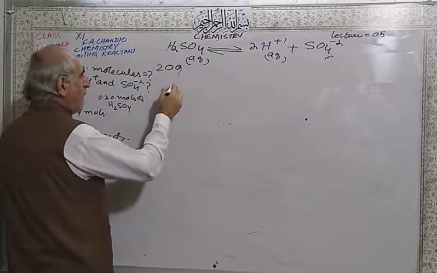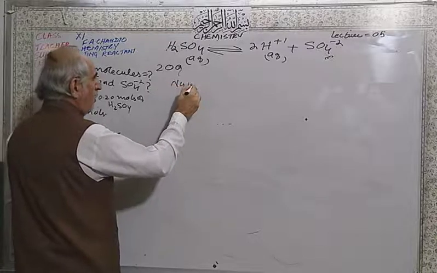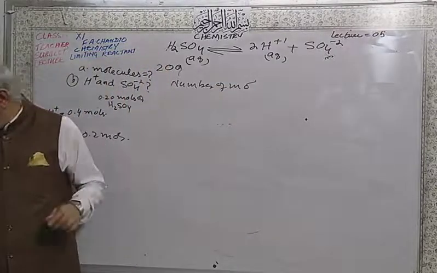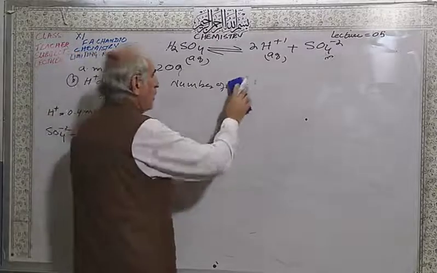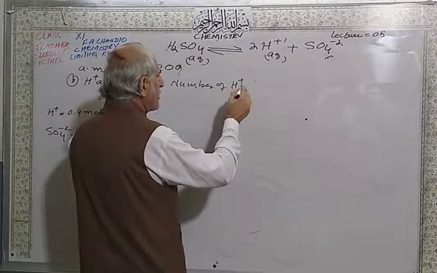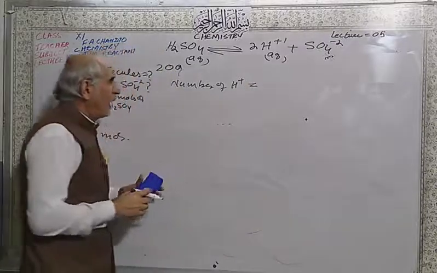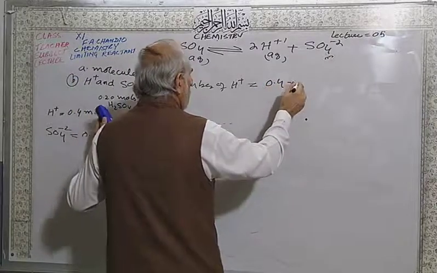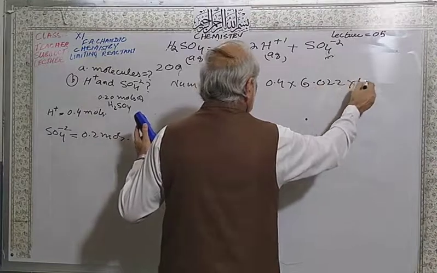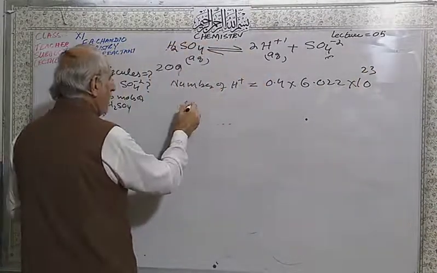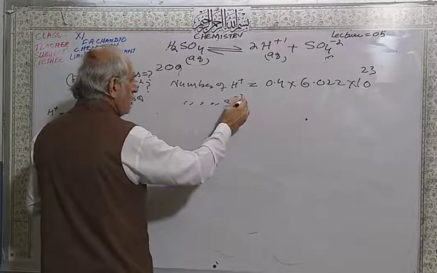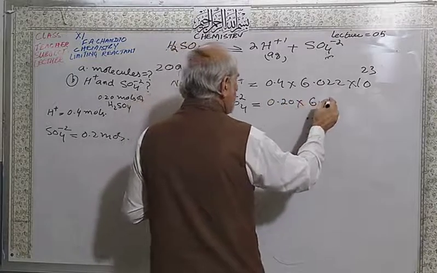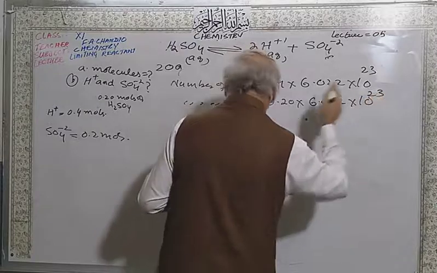So the number of hydrogen ions is equal to moles multiplied by Avogadro's number: 0.4 multiplied by 6.022 into 10 raised to power 23, and the number of sulfate ions is 0.20 into 6.022 into 10 raised to power 23.